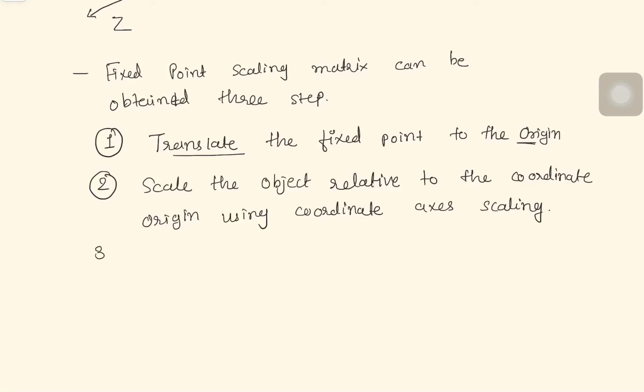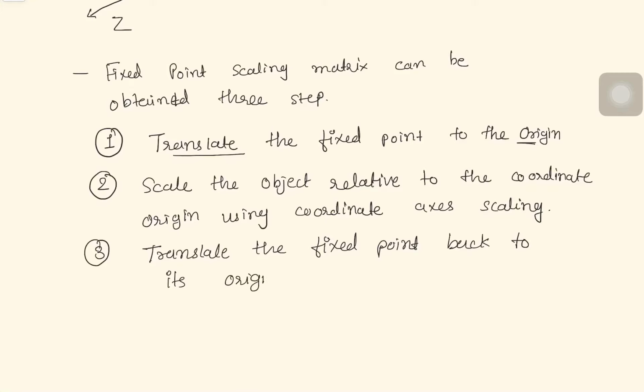And third, translate the fixed point back to its original position. So what we have to do? First translate the fixed point to the origin, then scale the object relative to the coordinate origin, and translate the fixed point back to its original position.